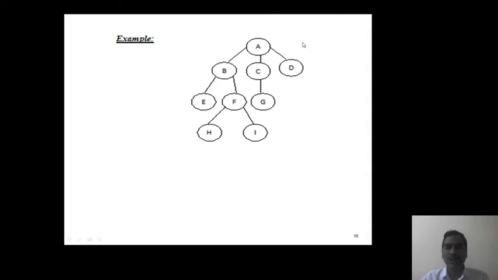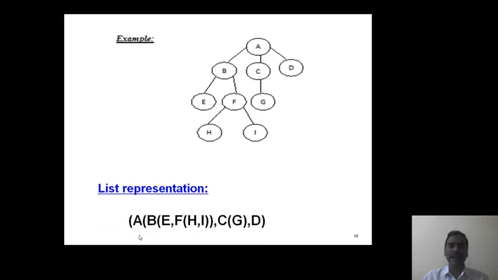Here A is the root node which has child nodes B, C, D. B also has 2 child nodes E and F. For F there are 2 child nodes H and I. For C there is a child node G. Based on this entire structure, in list representation we write A followed by B, followed by E comma F followed by H comma I. From B's point of view, the subtrees are completed, comma.